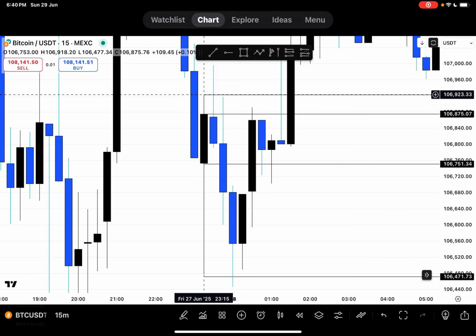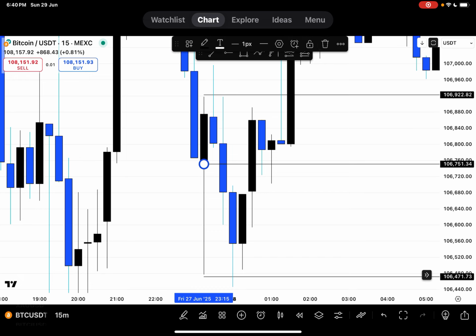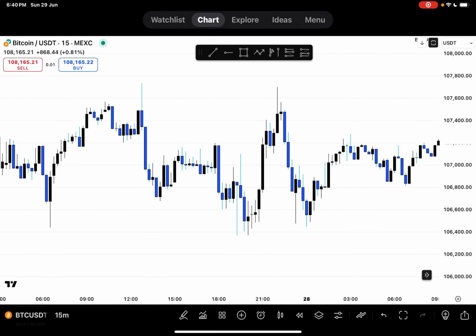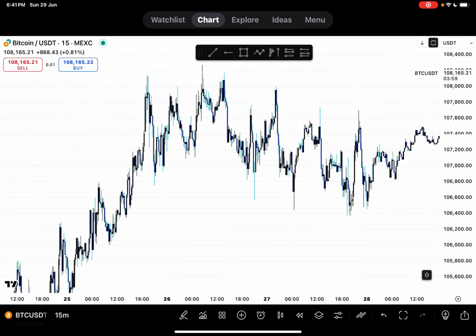The maximum the buyers could push it was till here, and then we got some sellers here. So this is finally where the candlestick closed, and this is a bullish candlestick. Now we are familiar with the opening, closing, high and low of a candlestick and what causes it to make new highs and lows. Now we know how a candlestick works.